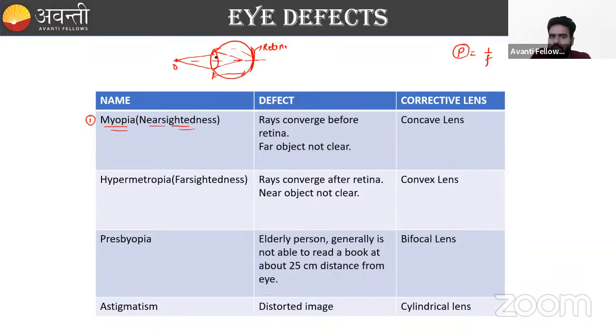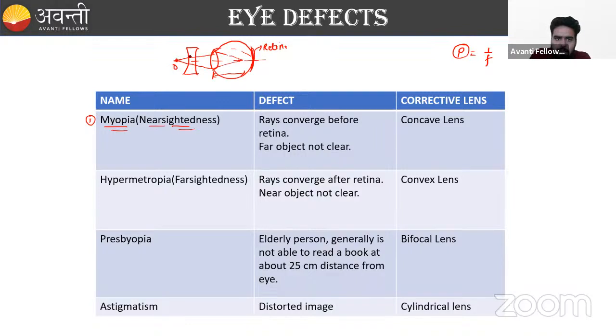So in order to correct this type of defect, we can use a concave lens. We know that the concave lens has diverging characteristics; it has the property to diverge the ray.